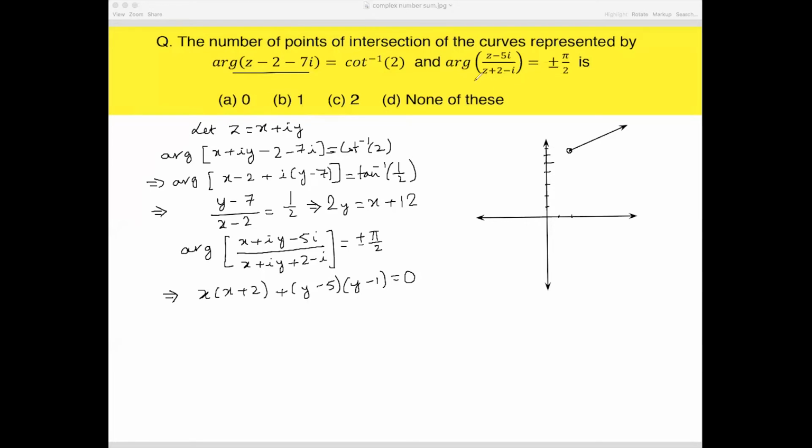Coming to the second curve, we can note that arg((z - z1)/(z - z2)) equals some fixed angle alpha. Supposing this is z1 and this is z2. So this would be actually a segment of a circle.